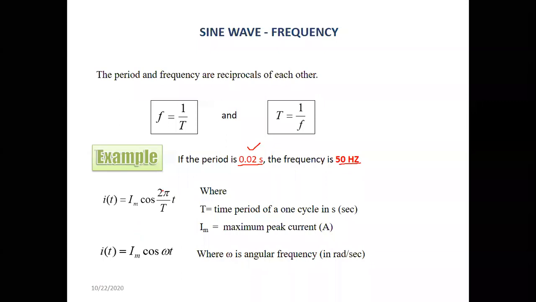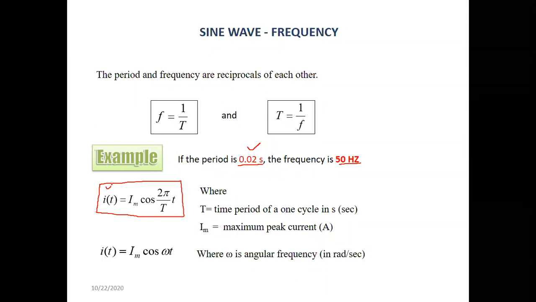So how can we represent a complete sinusoidal or cosine waveform? It is represented by i(t). i(t), the current varying with respect to time, is equal to Im, where Im indicates the peak positive value, into cos or sin.